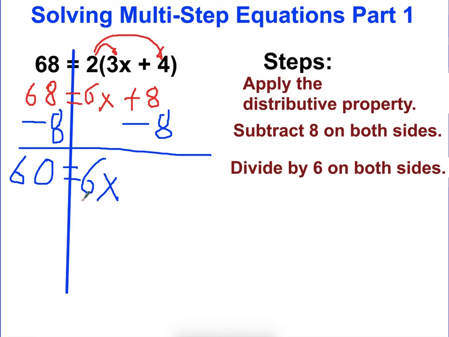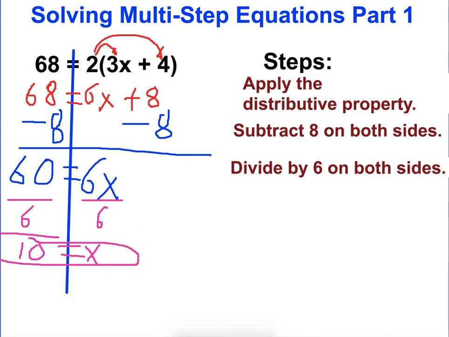So when I do that, I show divide with a fraction, divide by 6, divide by 6. I need to always be cognizant of fraction means divide. 6x divided by 6, I get x. 60 divided by 6, I get 10. So this is our solution or our answer here.